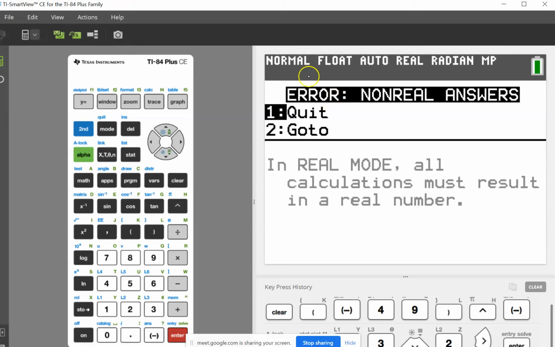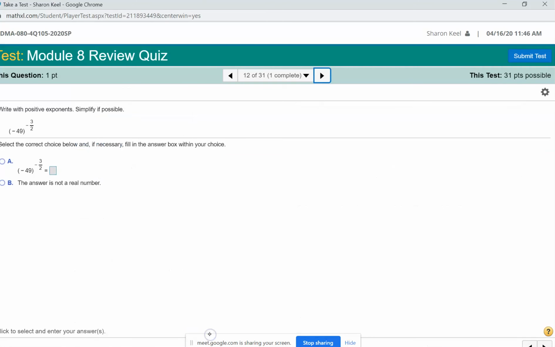Now, notice we get an error message. It says non-real answers. So, for this particular problem, if I come back and I look, I have two solutions. I could type in an answer, or it says the answer is not a real number.